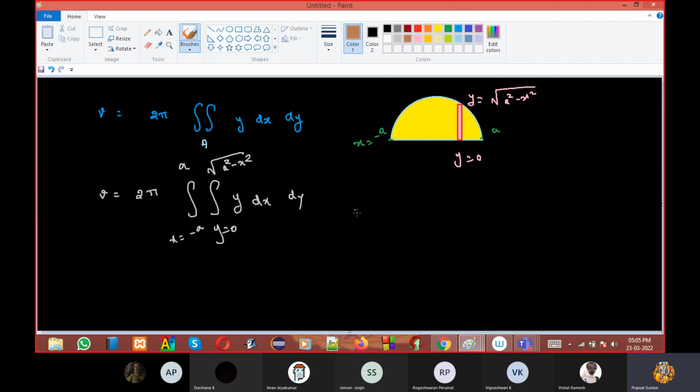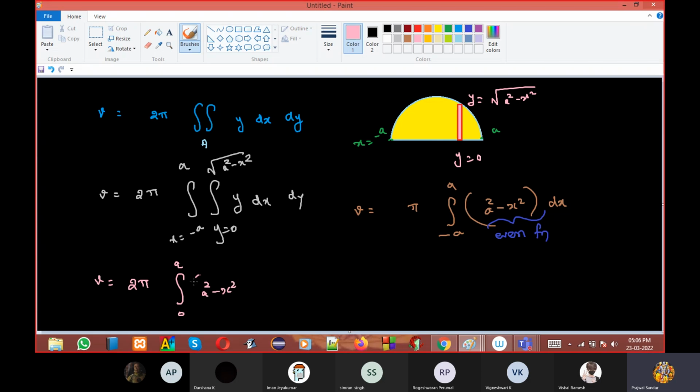Do it. Are you getting 4 by 3 pi r cube? Check. Minus a to a. You are integrating with respect to y only. Y dy, y squared by 2 you will get. So pi into a squared minus x squared dx by 2. And I can say this is an even function, so I can bring 2 outside. 2 pi into 0 to a of a squared minus x squared dx.